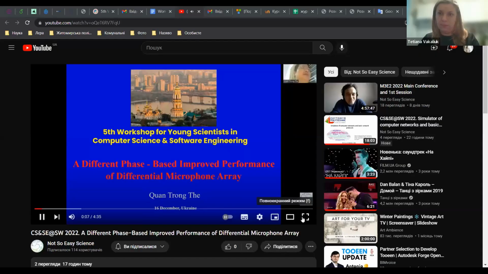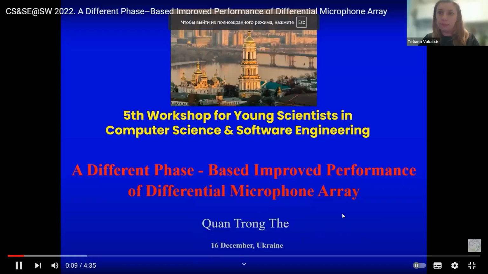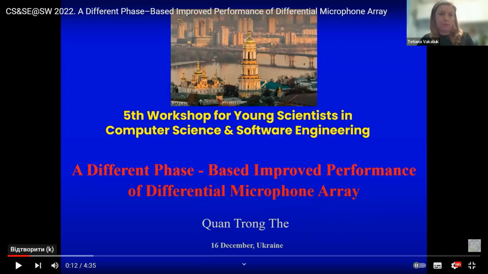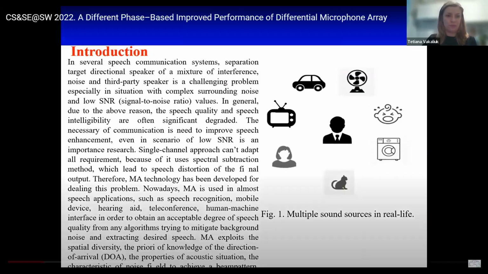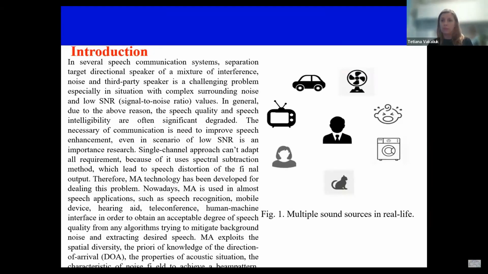Today I'm very glad to talk about different ways to improve the performance of differential microphone arrays. In several speech communication systems, separating the target directional speaker from a mixture of interference, noise, and third-party speakers is a challenging problem, especially in situations with complex surrounding noise and low SNR values.